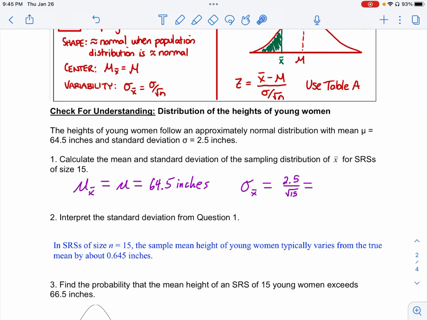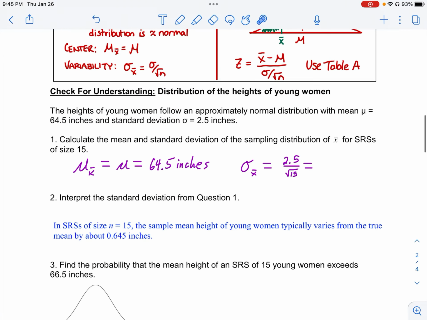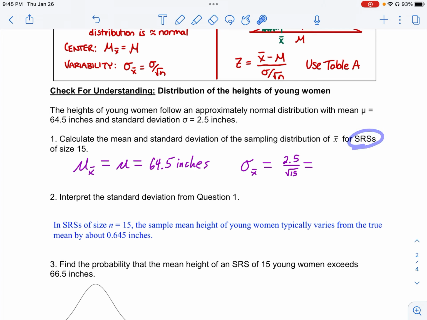So again, if I took a whole bunch of these simple random samples, on average, they would reflect the population that they are sampled from. So that's that.